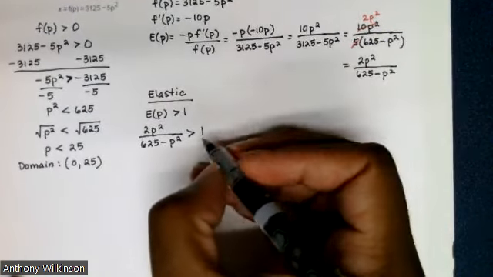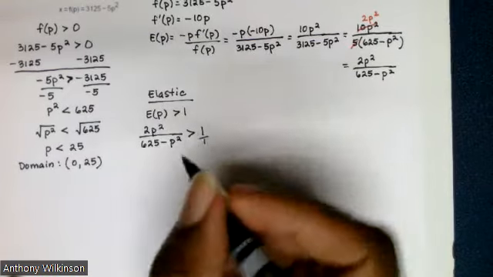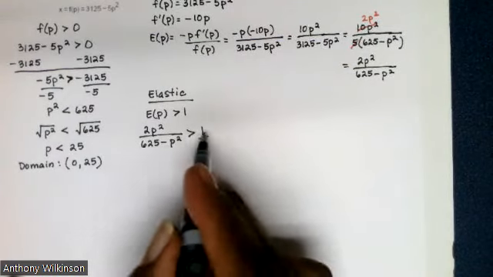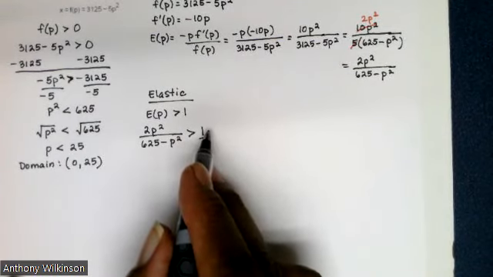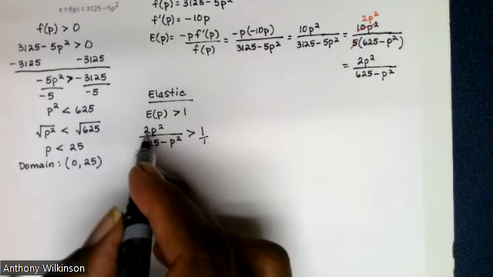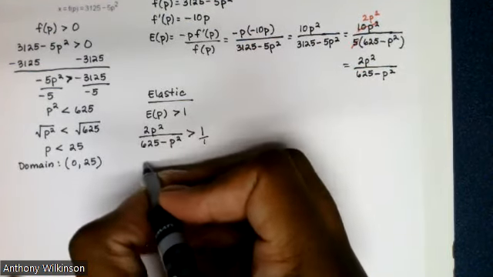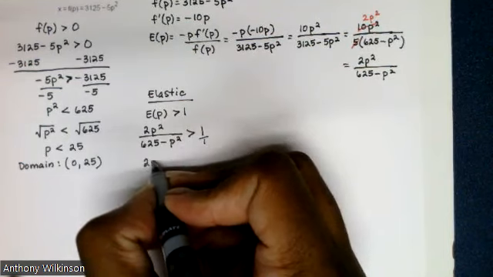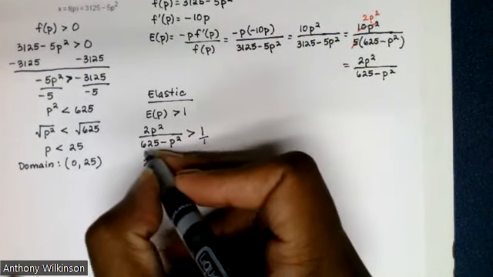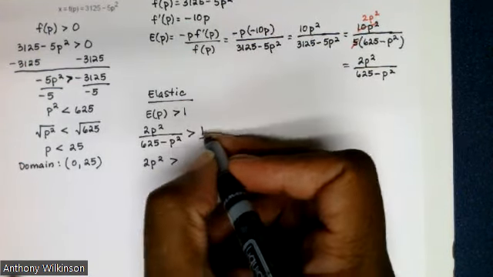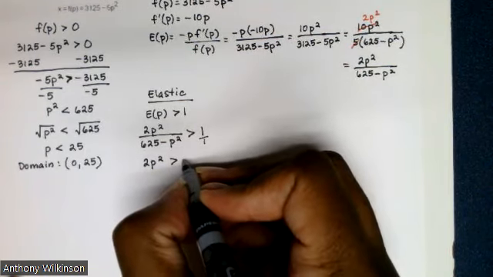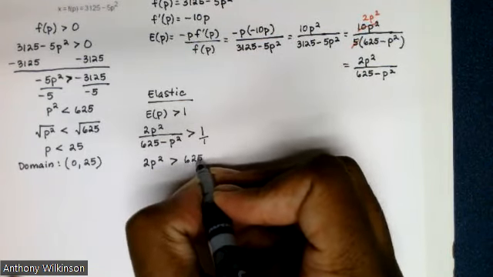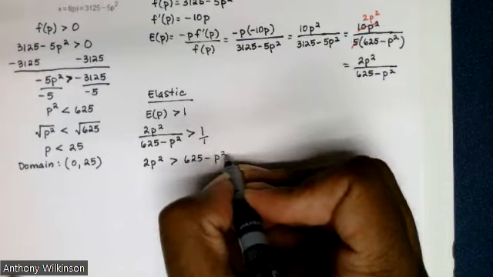And in this case here, that 1 would be 1 over 1. If I do some cross multiplication here, that would mean I'll have this 2p squared times the 1 would be 2p squared. That's greater than 625 minus p squared times 1 would be 625 minus p squared.